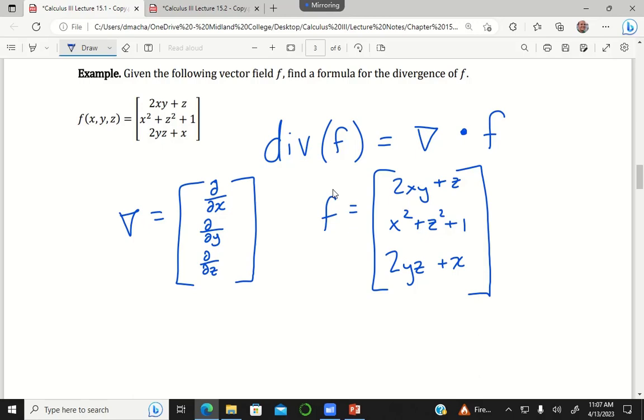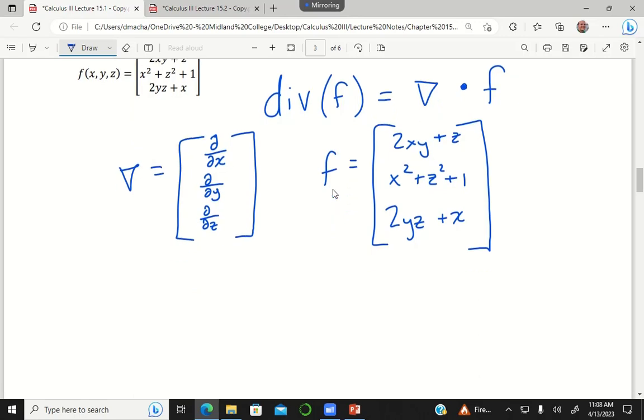Then you know how to take the dot product. You just multiply entry-wise, first entries, second entries, third entries, and then you add them up. But what it looks like to multiply by partial derivatives is we're actually just going to take the partial derivative with respect to x of 2xy plus z.